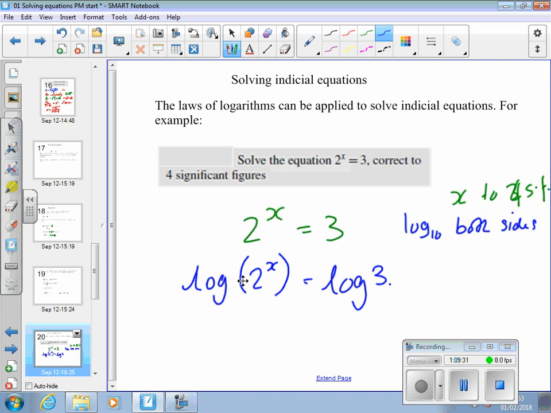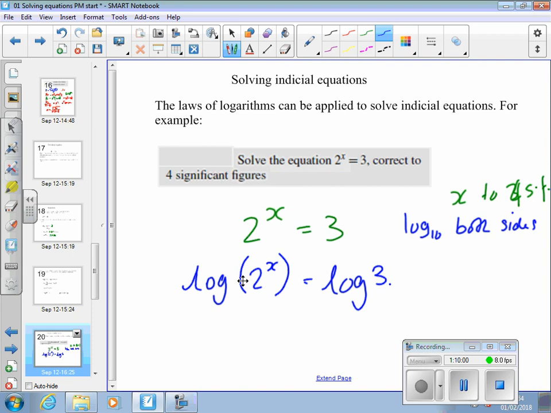Now, looking in your laws of logarithms on the previous page, can you see something on there that we can write in a different way? Third one down.